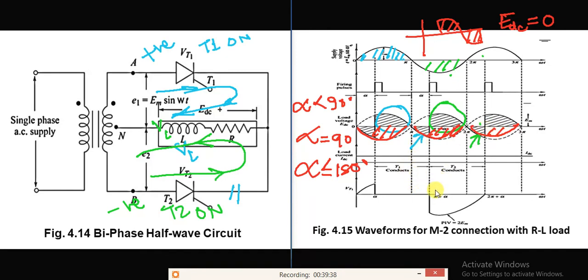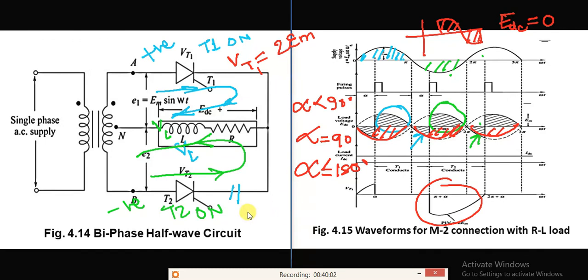Now what is this? This voltage PIV is equal to twice EM. This output voltage is when one of the SCRs is off. So this is VT, VT1 equals twice EM. EM is the maximum output voltage.